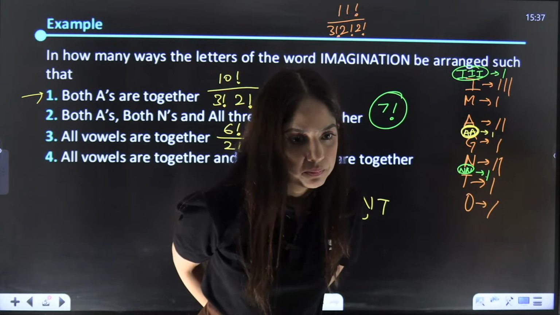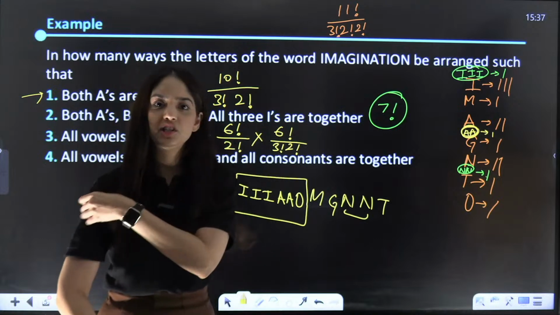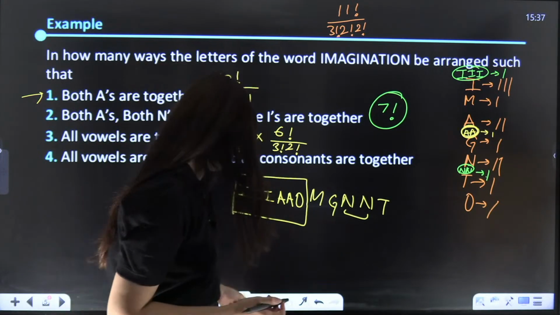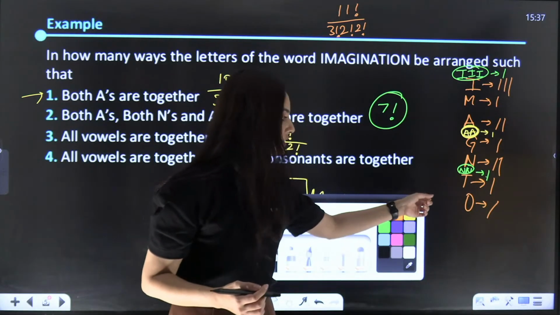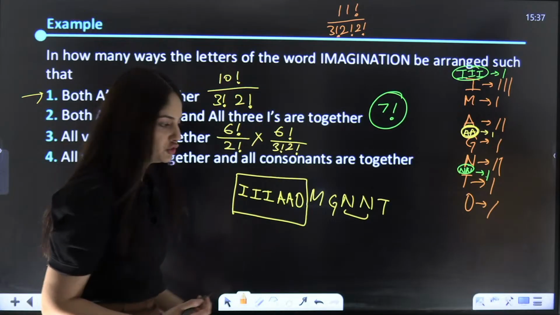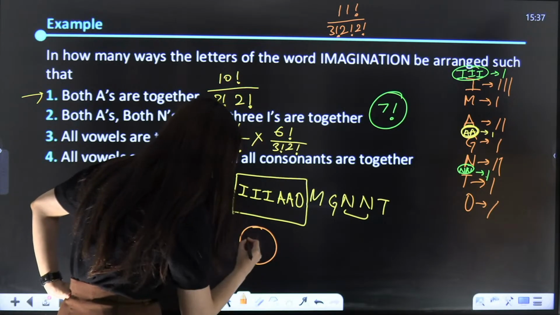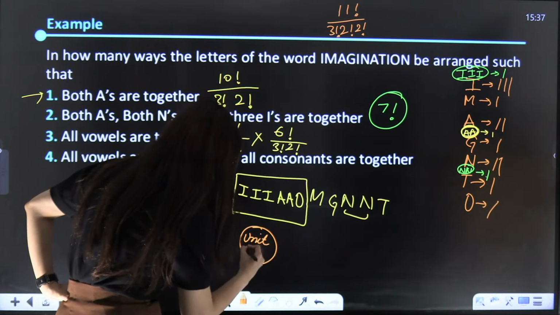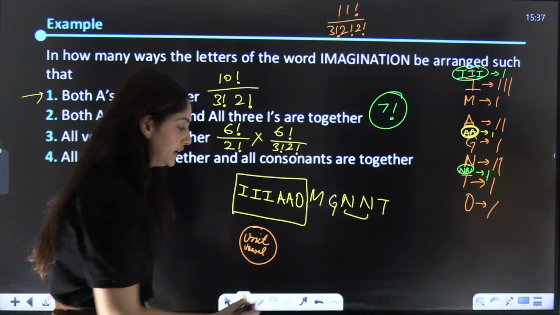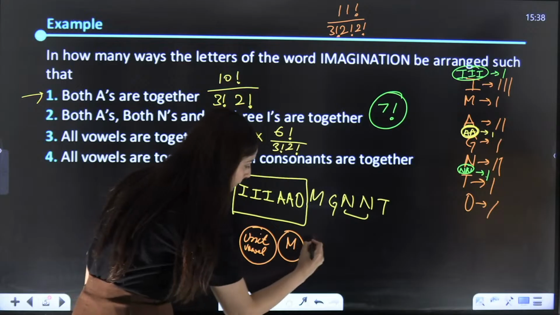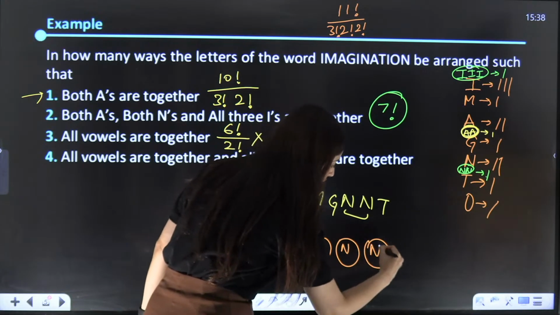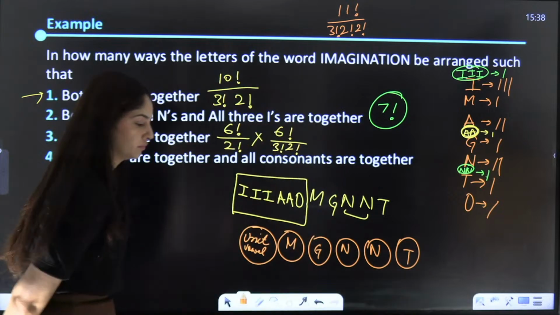Why did we divide with 2 factorial? For those students who have a problem understanding this, let's look at it this way. I call this unit, this object, my unit vowel. What other objects do I have to arrange? 1 of M, 1 of G, 1 of N, another 1 of N and another 1 of T. Right?